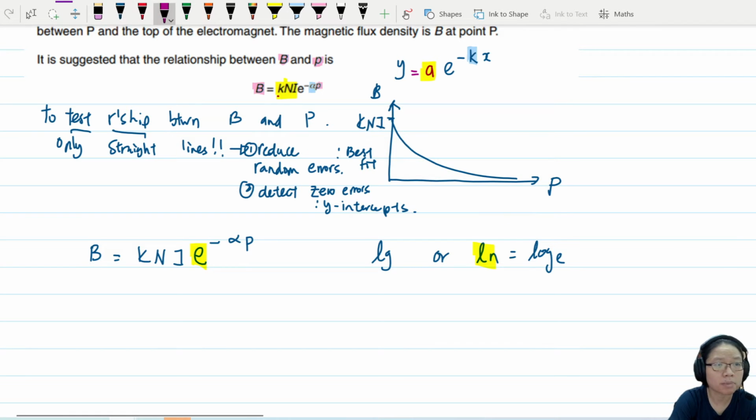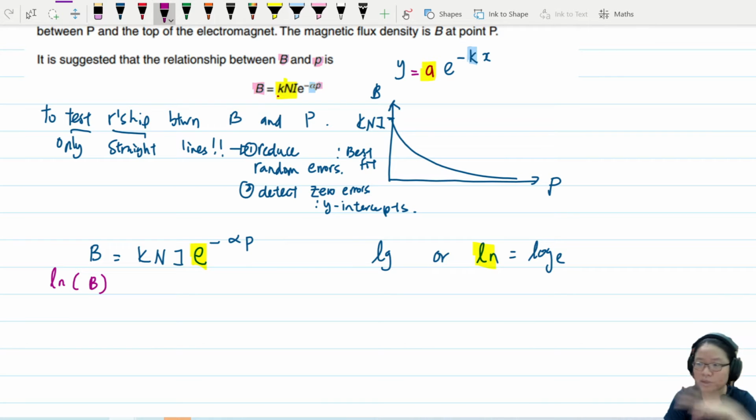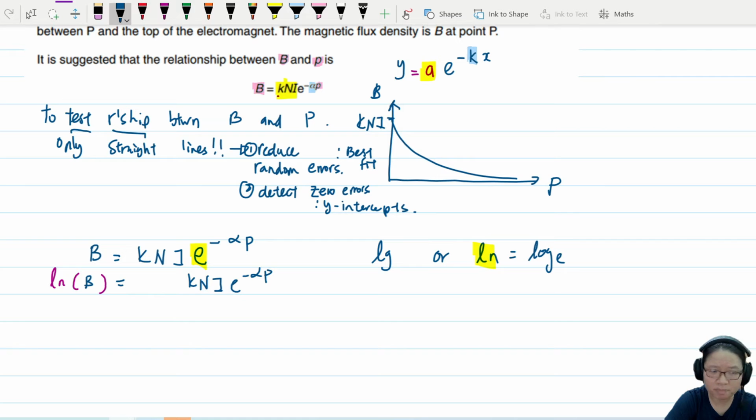Good practice is to ln whatever you see on the left, and then ln the whole thing on the right. Put the whole thing in a bracket, the whole thing and the kitchen sink. So this k n I e to the negative alpha p, just throw it in, decide later.